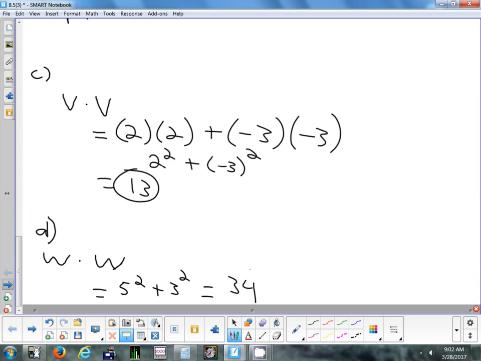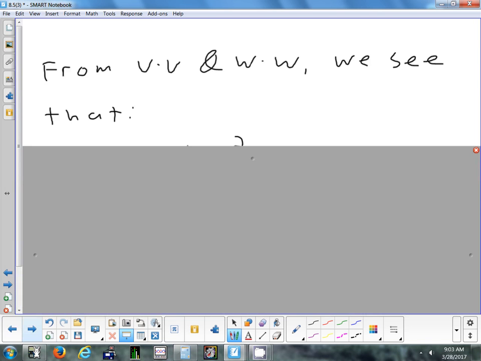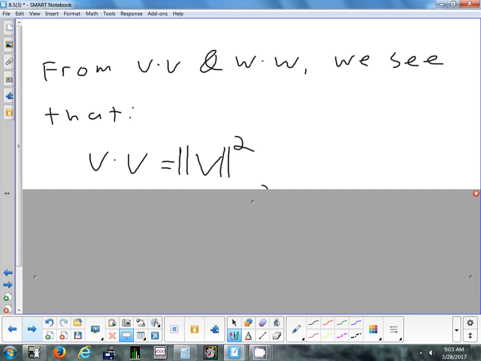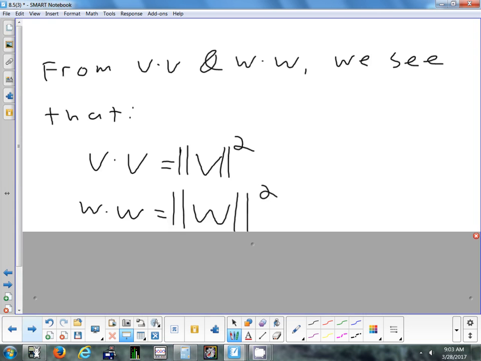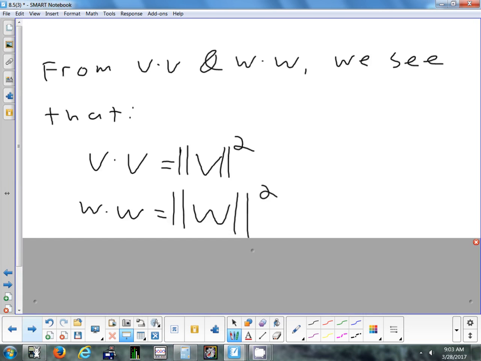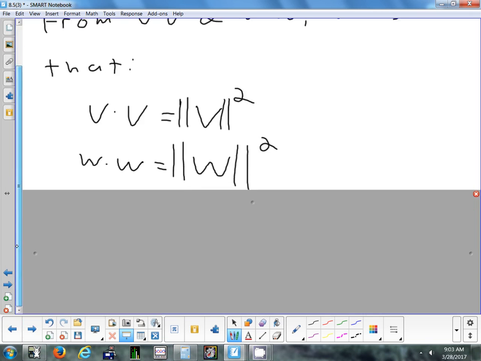So that's the magnitude squared. You didn't take the square root there. And that always happens. If you dot a vector with itself, you get the magnitude of the vector squared. Same thing, w dot w.